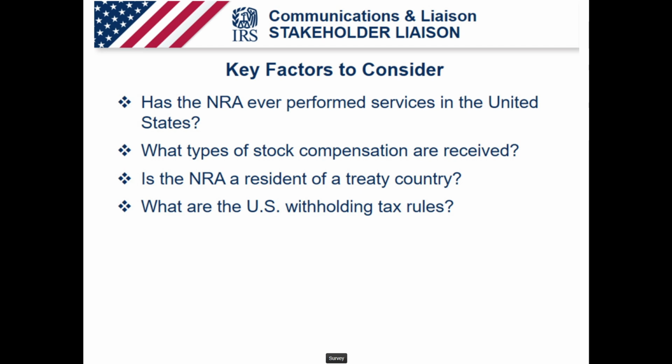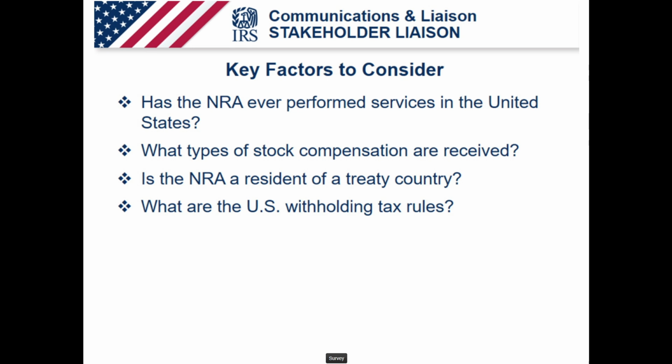An applicable income tax treaty may identify certain types of income that may be exempt from taxes or subject to a reduced rate of taxes based on a specific provision in the treaty. And whenever we deal with NRAs, depending on the type of stock-based compensation, withholding will need to be considered.